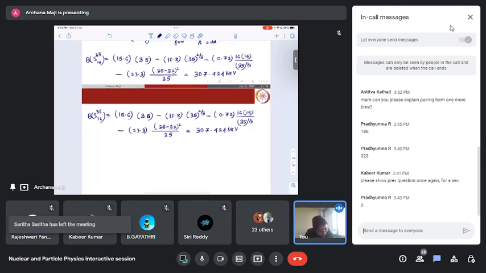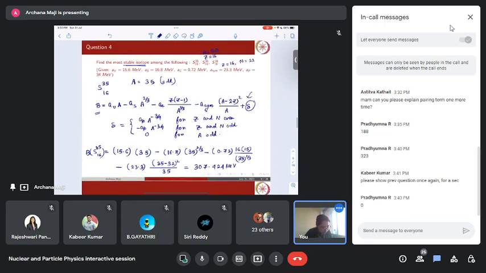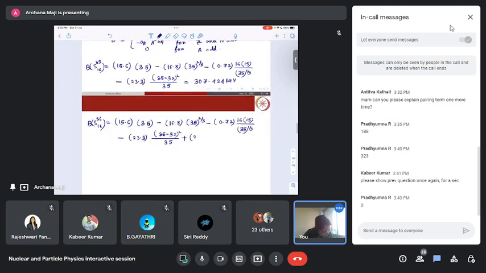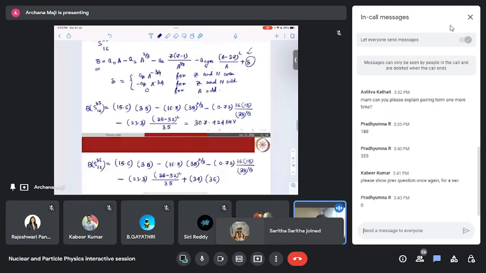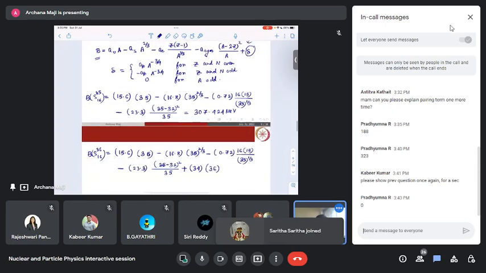Here you also need to consider the pairing term, plus A P is 34 times A to the power minus 3/4, that is 36 to the power minus 3/4.